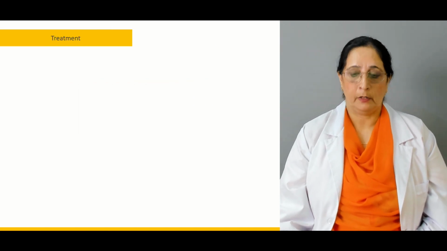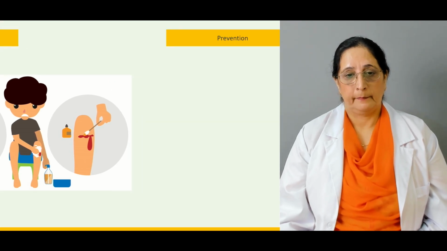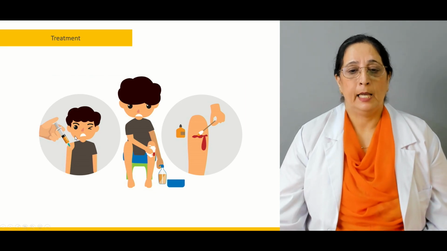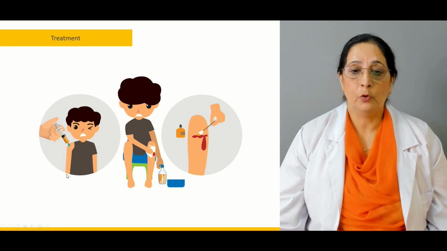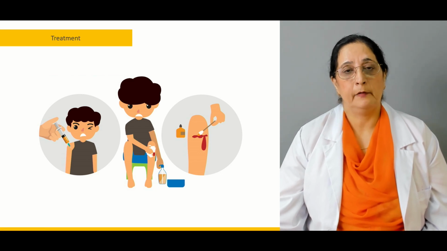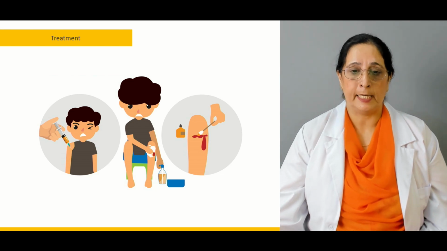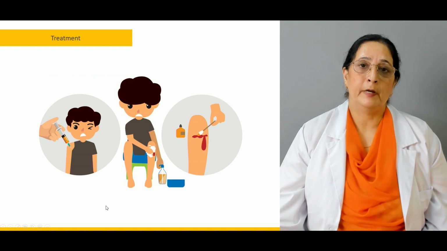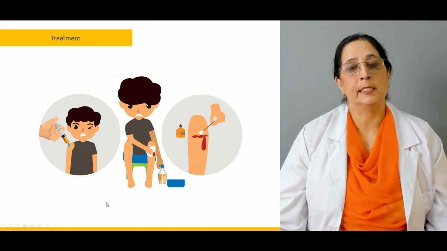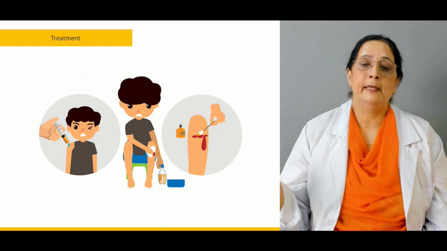The treatment of rabies infection: rabies immunoglobulin is very important. We need to give the rabies immunoglobulin after the bite. Rabies vaccination is also available, given at day 0, 3, 7, and 14.